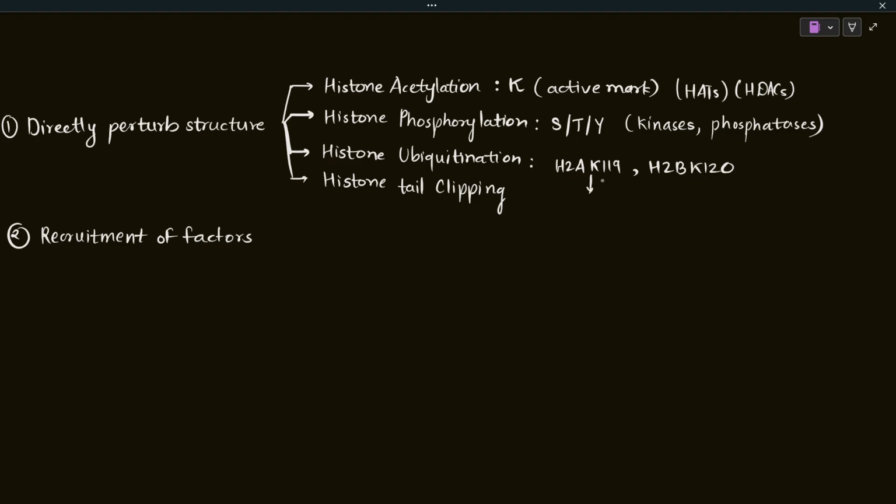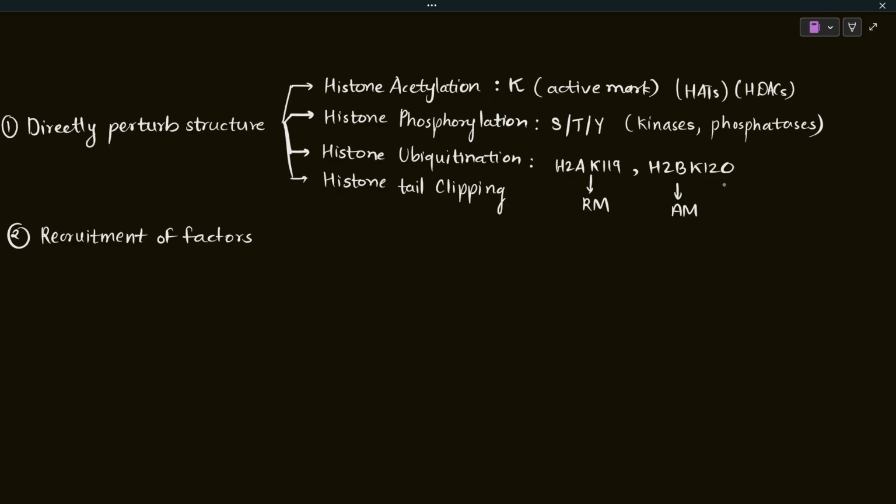One is a repressive mark, while the other is an active mark, so those are antagonistic to each other. The H2AK119 modification is important for H1, the linker histone binding, while H2BK120 is an active mark.